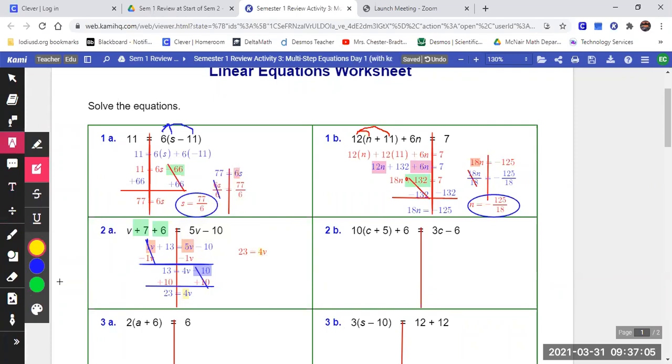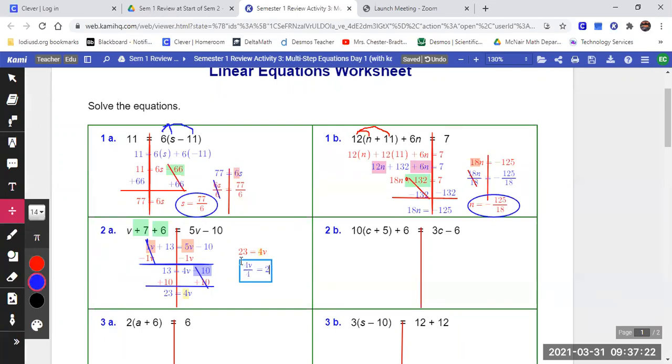That 4 needs to go. How are we going to big 1 that out of there? Divide both sides by 4, exactly. Now, letters come first. So 4v divided by 4 has to equal 23 divided by 4.